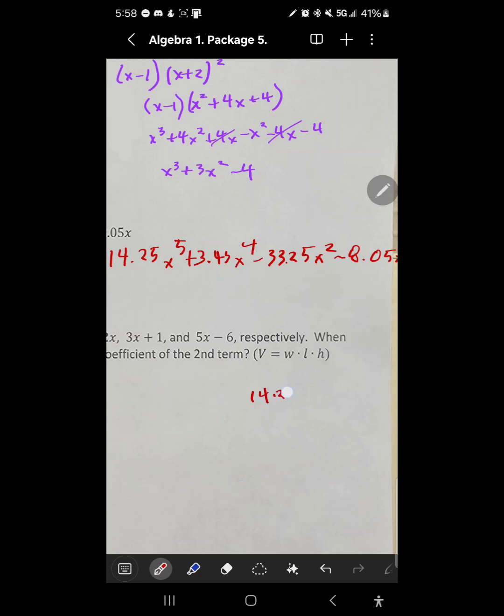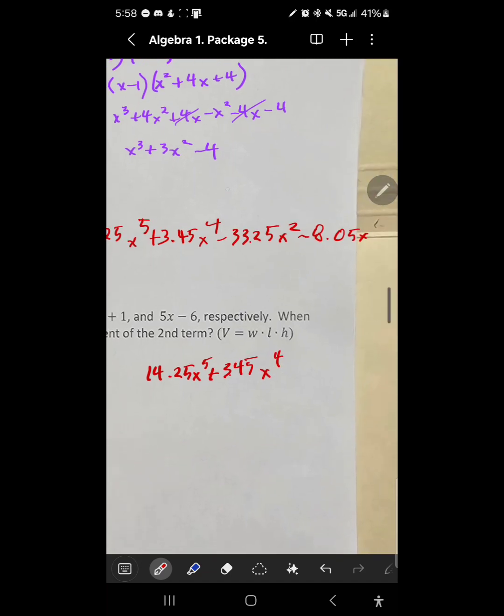So 14.25x to the 5 plus 3.45x to the 4. Now, you see that we do not have an x cubed.